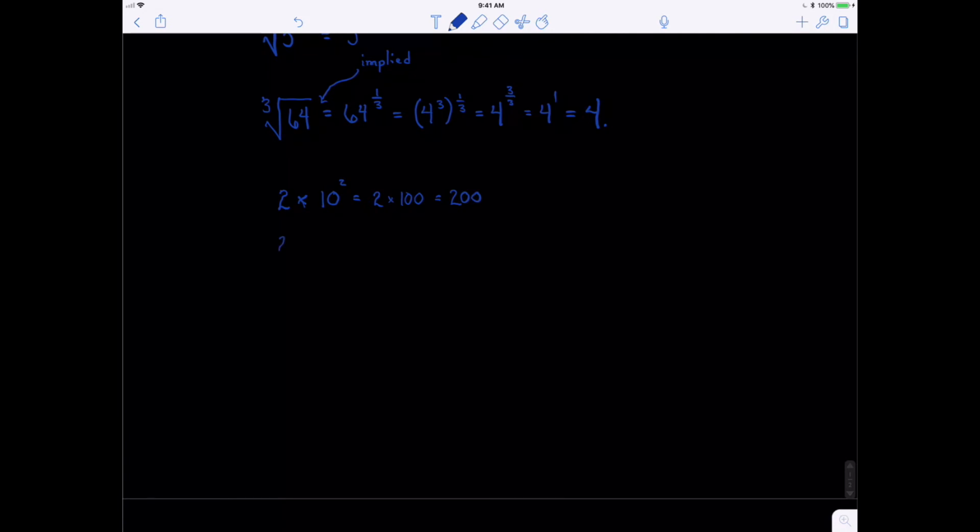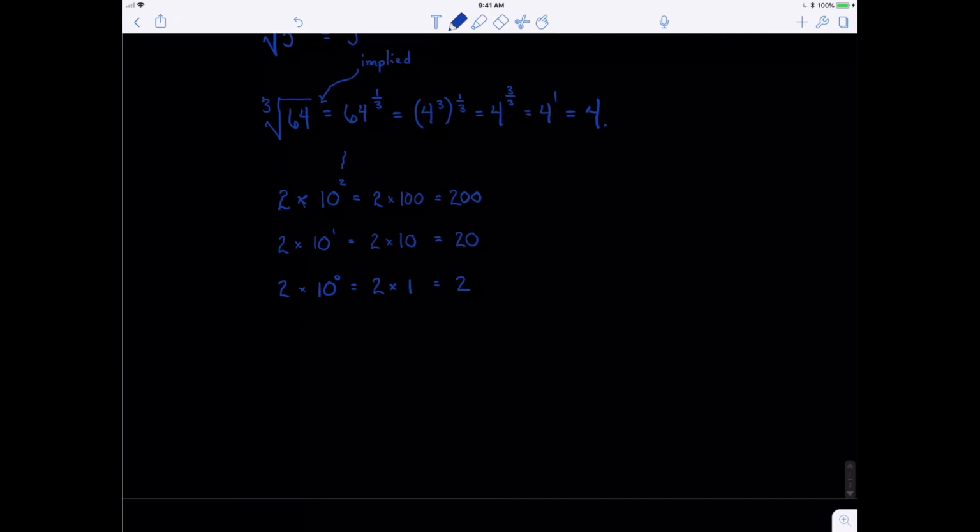Now, if I have something like 2 times 10 to the first, well, that's 2 times 10, which is 20. If I have 2 times 10 raised to the 0 power, well, this is just 2 times 1, which is equal to 2.